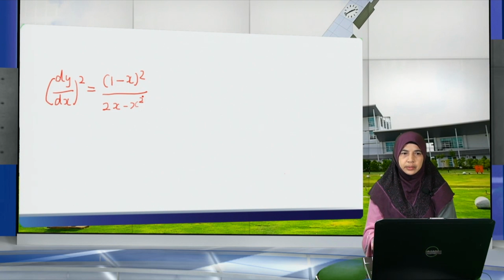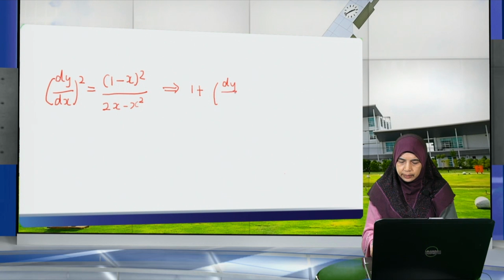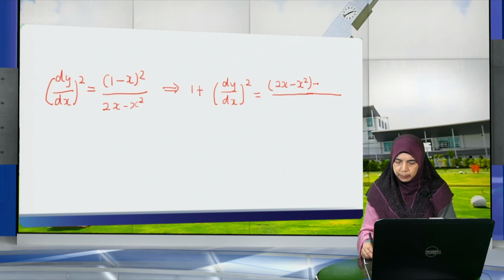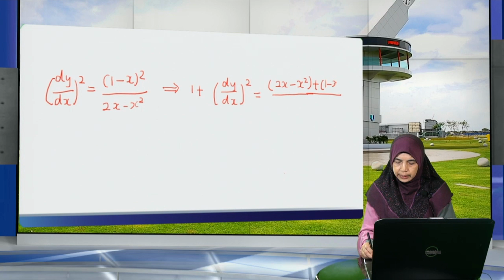Then if we add 1 to that, so 1 plus (dy/dx) squared, we will get (2x minus x squared) divided by (2x minus x squared), plus (1 minus x) squared over (2x minus x squared).